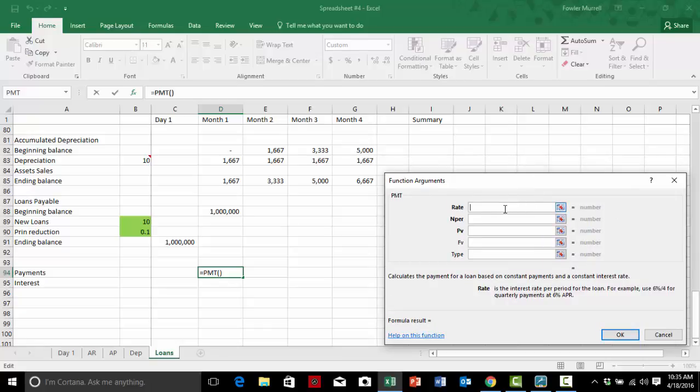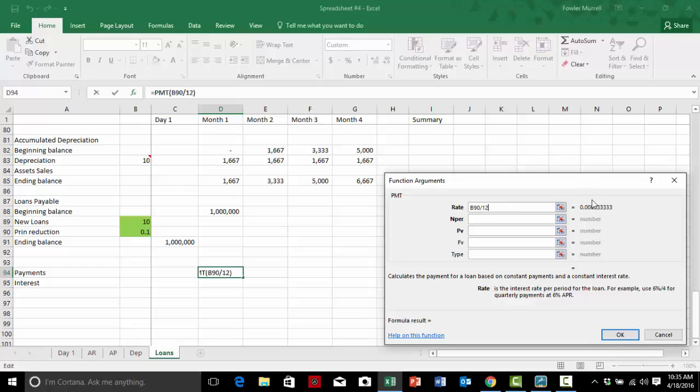So PMT function, rate. One of the good things about these dialog boxes is that they explain what each of these items are. Rate is the interest rate per period for the loan. So our rate is here, 10%. This is for a year, so this needs to be divided by 12.